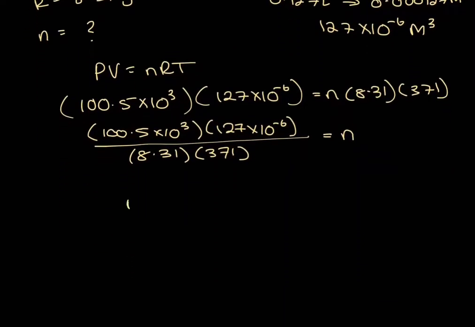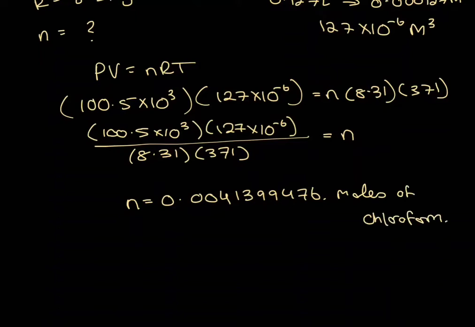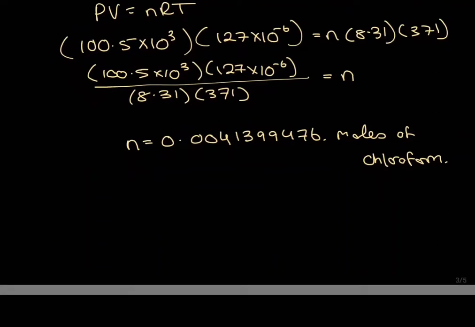And if we put that all in the calculator, we're going to get a long number. Moles of the chloroform. Okay, I'm not going to round it just yet, because I'm not at the end of the question. There's no problem leaving the long numbers there, it's fine.